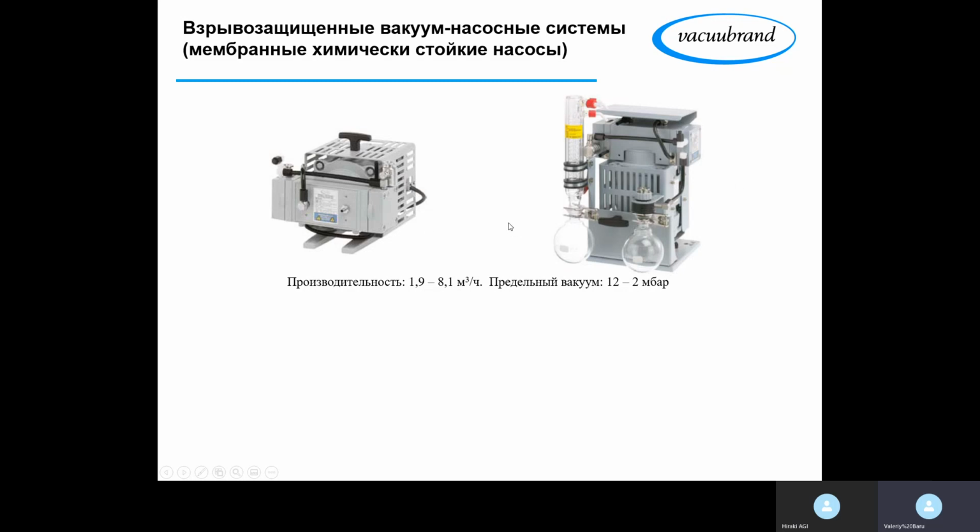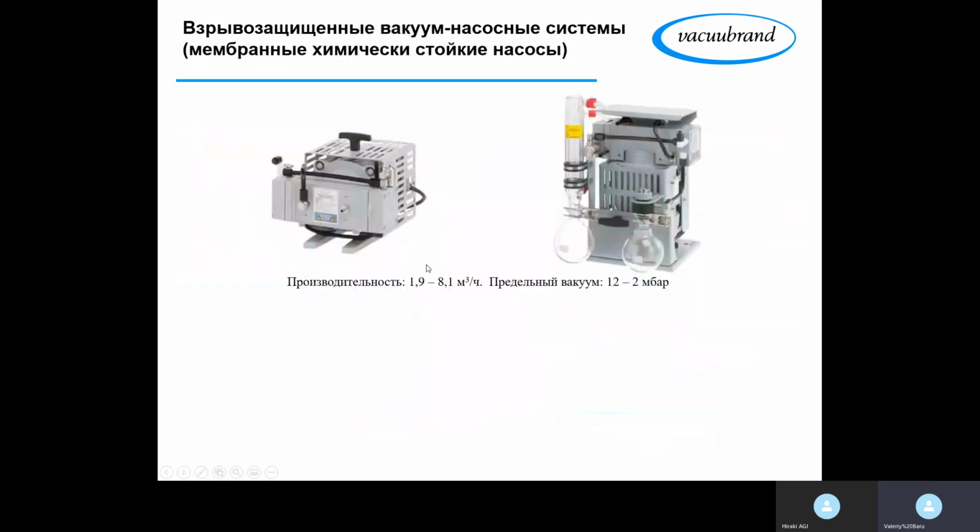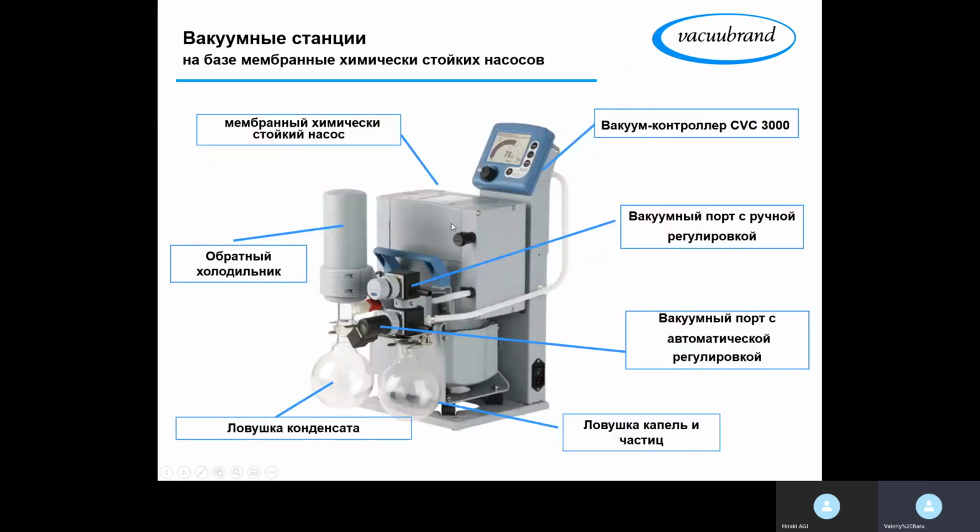What is the difference between this pump and this one? All of the pumps by Vacubrand and Welch are certified to pump out explosive vapors.